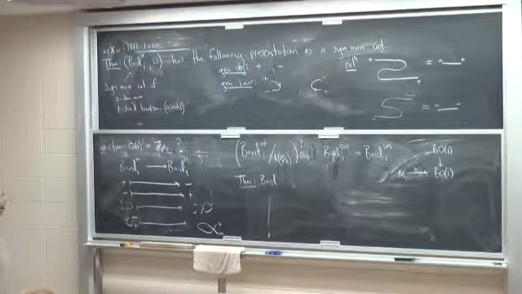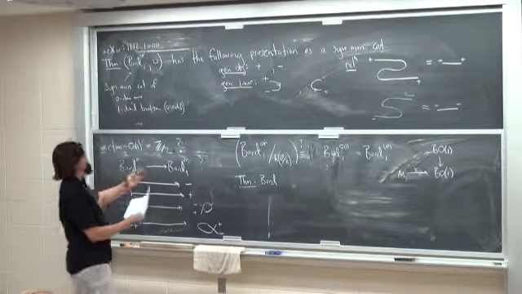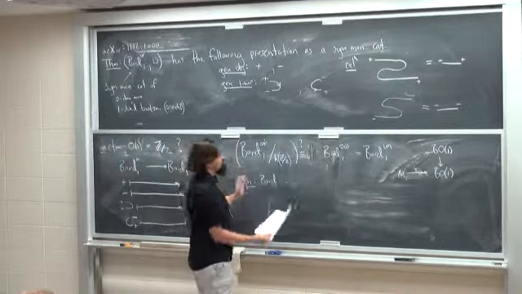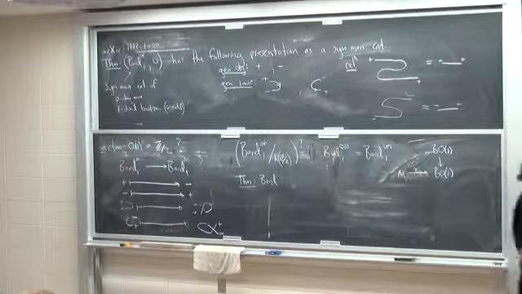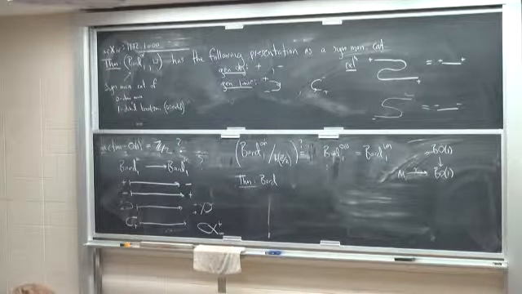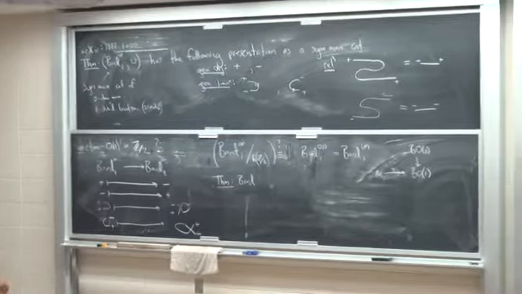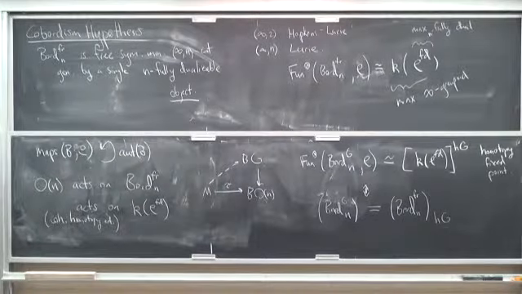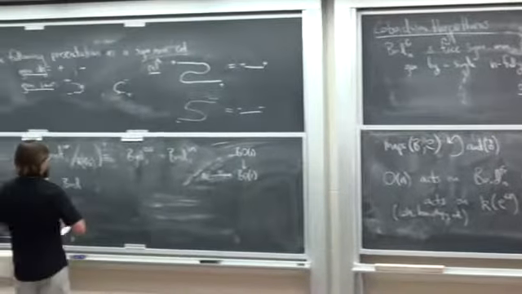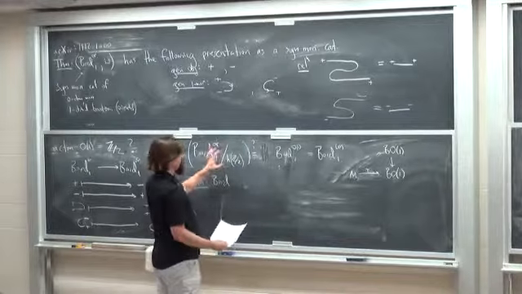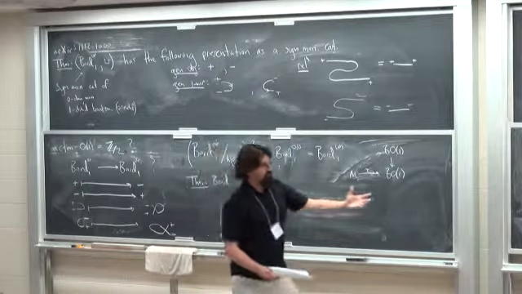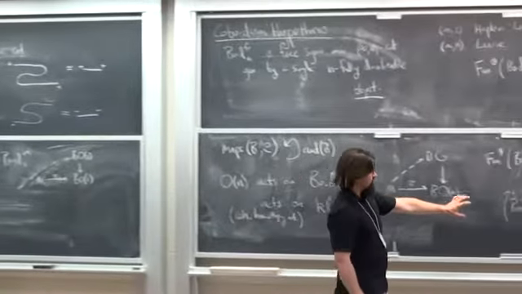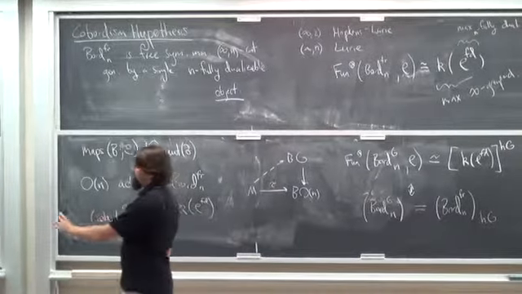Let me repeat what I just said. In order to have this mapping property, this has to be the homotopy quotient. If that was true, let's look at the case that G equals O_1.